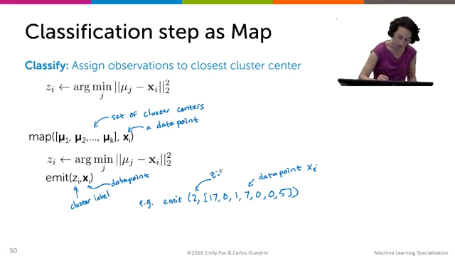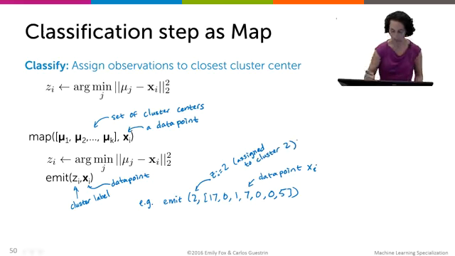So this is if z_i equals 2. Okay, so hopefully from this, it's easy to see how we can do this classify step using a map phase.